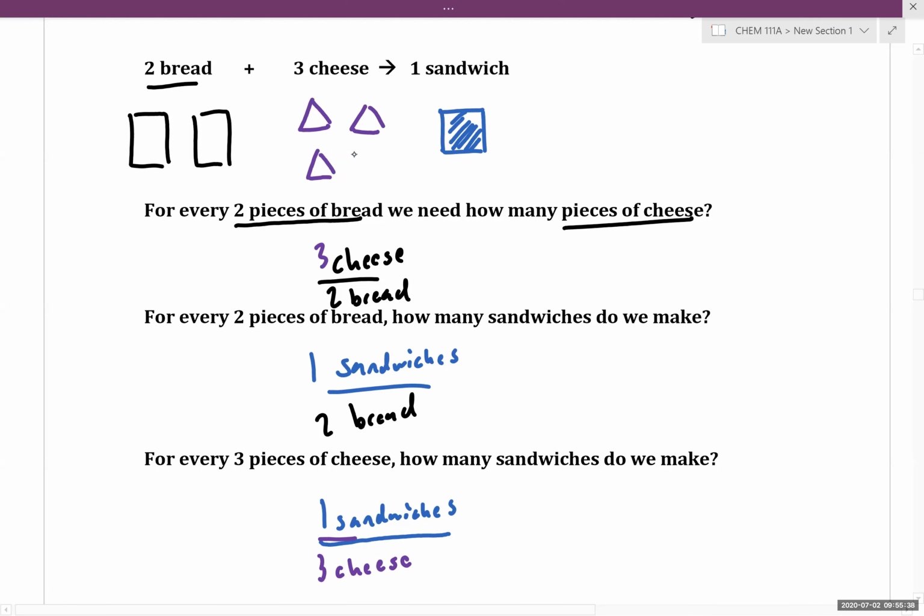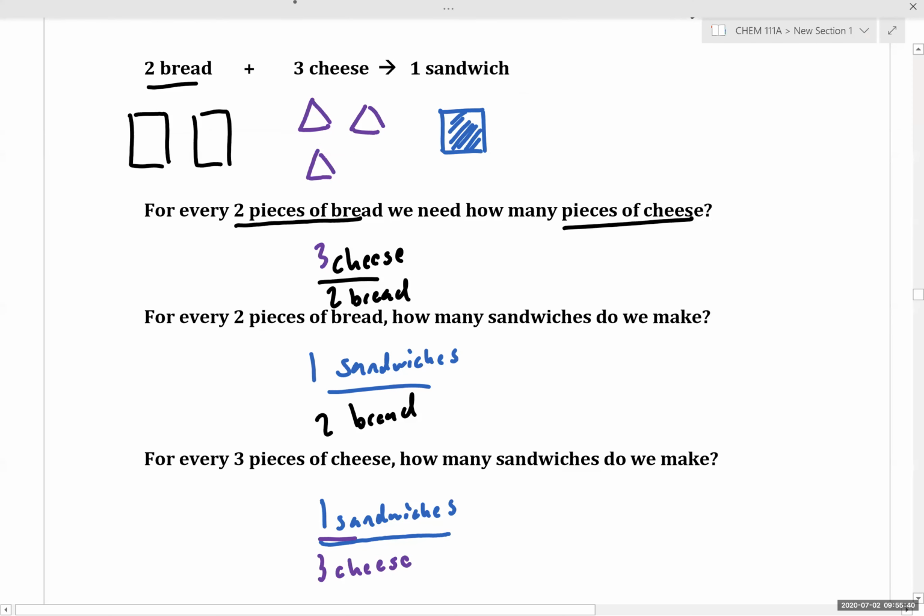Okay, so let's take this one step further. We are able to generate each of these ratios, which we like to call a stoichiometric ratio. And the stoichiometric ratio provides us a relationship between the moles of one species in a chemical reaction and the moles of another species in that same chemical reaction.